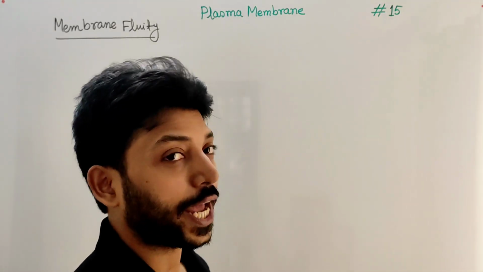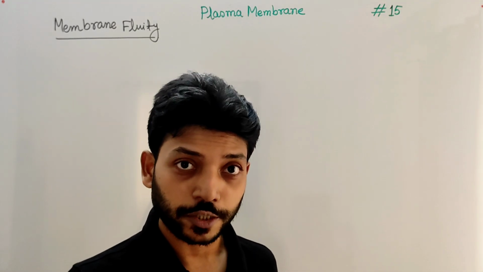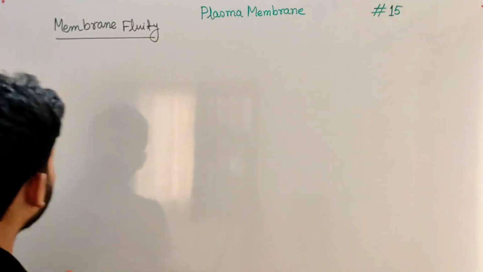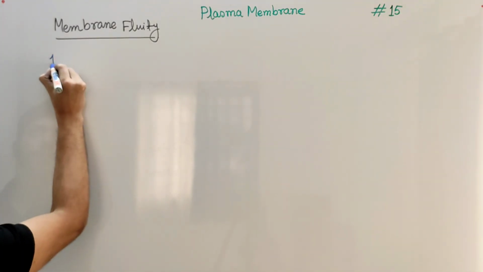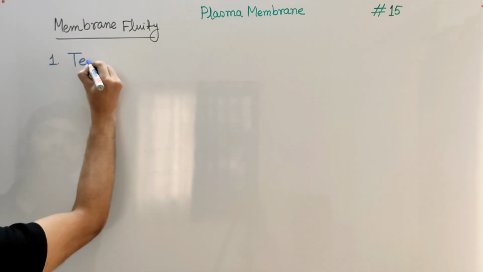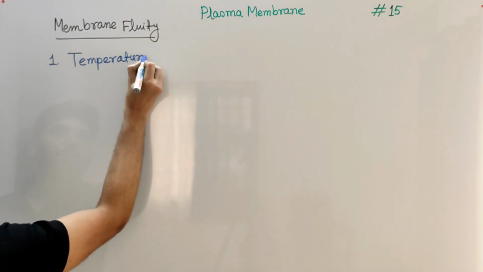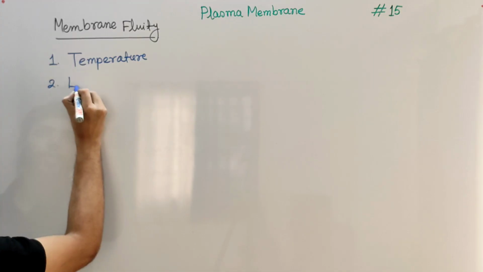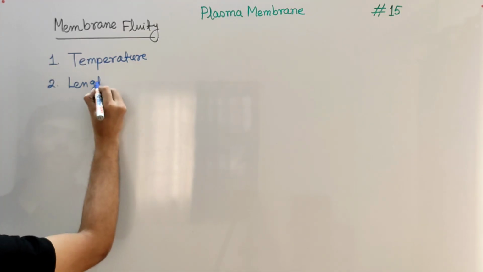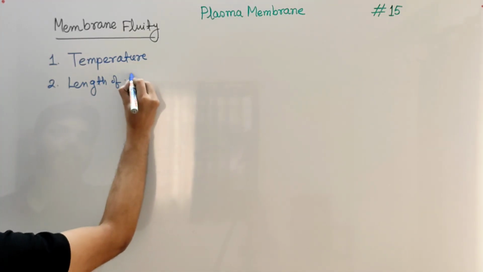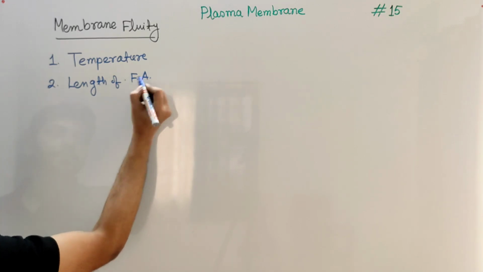Now there are 4 factors responsible for membrane fluidity. I will write here. The first is temperature. Second is the length of fatty acid chains.